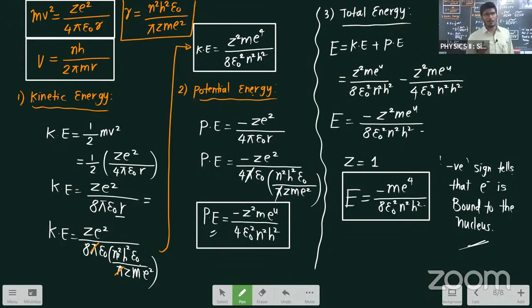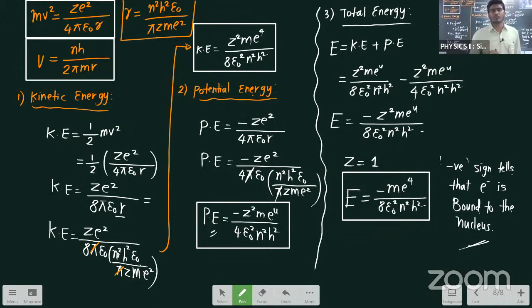And what was the third famous postulate of Bohr's model of atom? The angular momentum of the revolving electron is equal to what? n h divided by 2 pi. That is, the angular momentum of the revolving electron is quantized. When scientists asked for an explanation of this third postulate, Bohr was unable to explain that quantization rule. So who gave the explanation for that quantization rule? De Broglie.